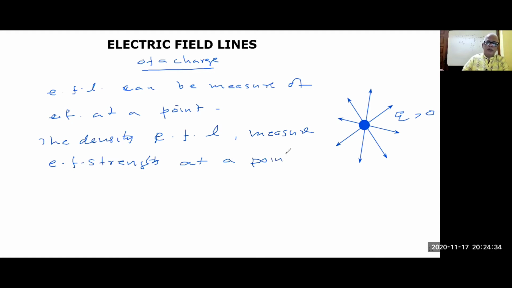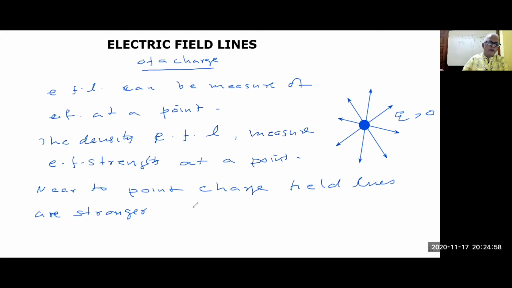That is, near the point charge, field lines are stronger. As we move away from the point charge, field lines are weaker. All of us know that.